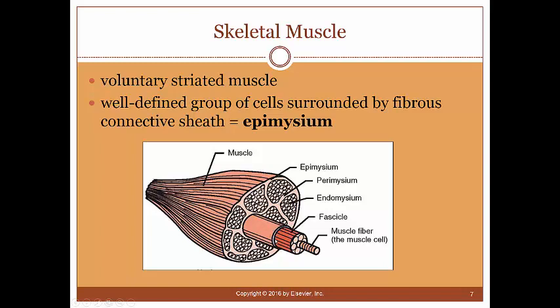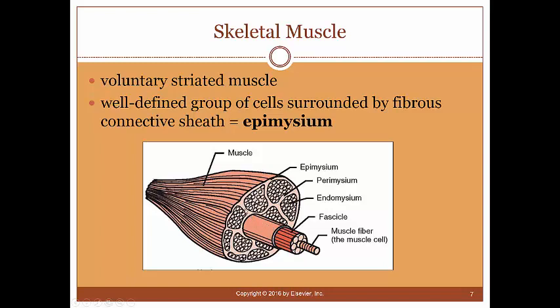That outer covering around this group of muscle cells in a fascicle is something known as endomysium. So endomysium is a fascicle and the connective tissue around it, which is dense regular connective tissue. Inside the muscle itself, we're going to have perhaps up to hundreds of these fascicles.